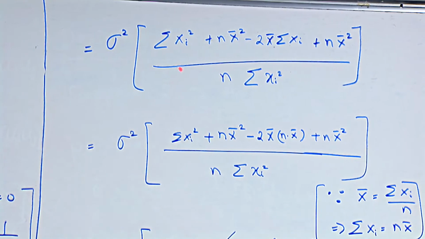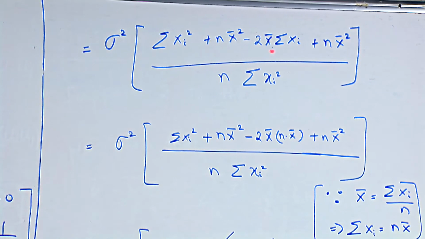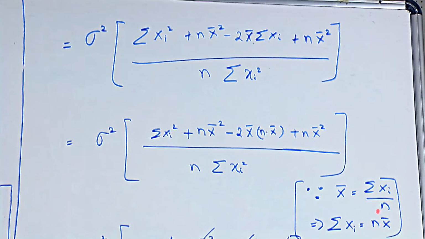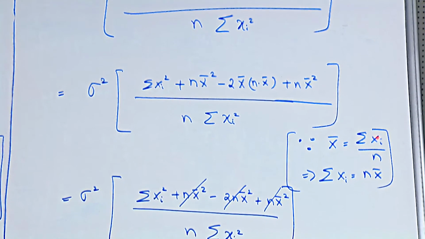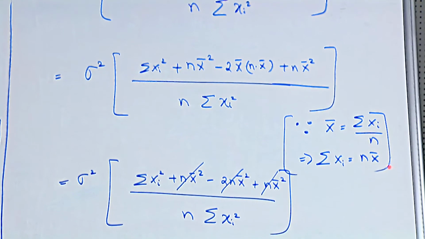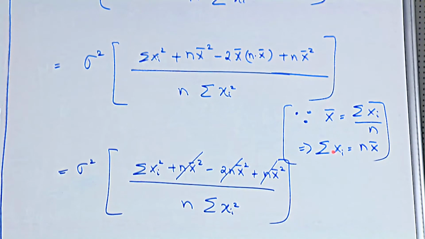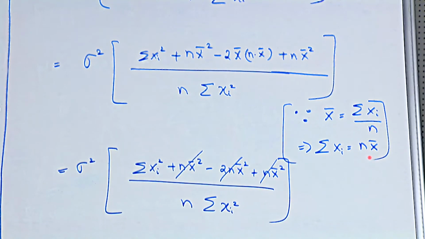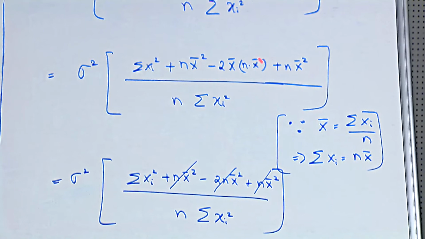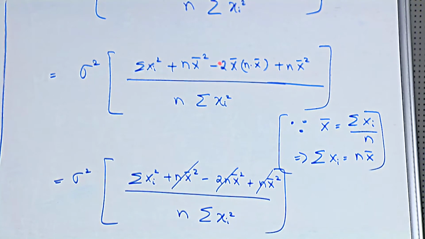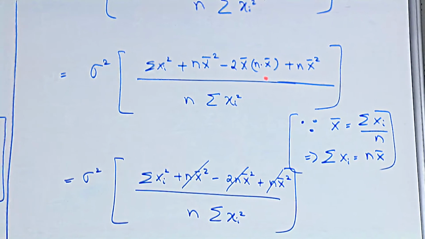And now we may substitute value for this term sigma xi. We already know x bar is equal to sigma xi by n. This is the common definition, and from this we may derive sigma capital Xi is equal to n into x bar. We are substituting this value, right? Instead of sigma capital Xi, we substitute n into x bar. So this expression becomes, no other term is changing, only this substitute of value, we get 2 into x bar into n x bar.